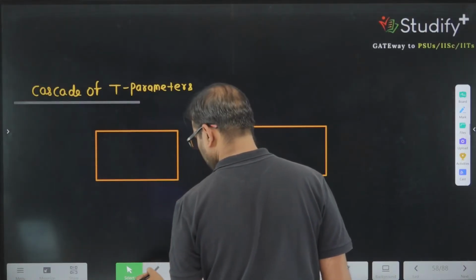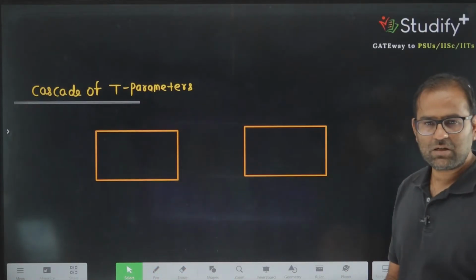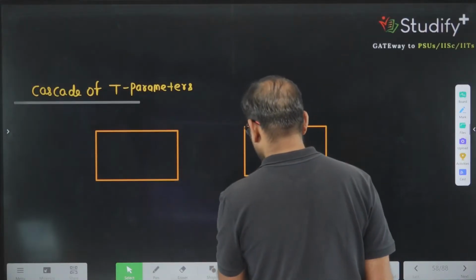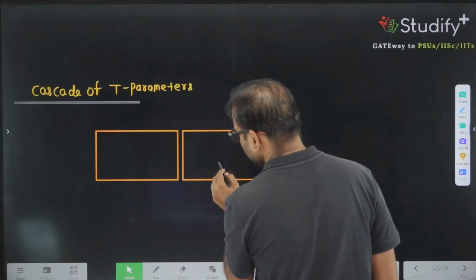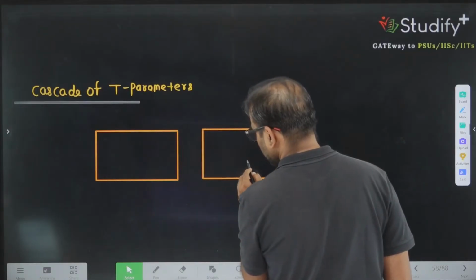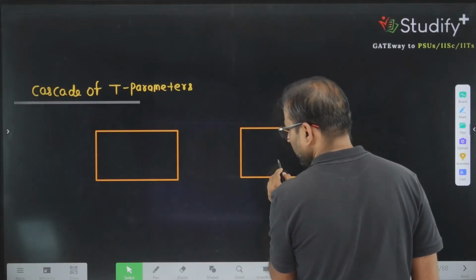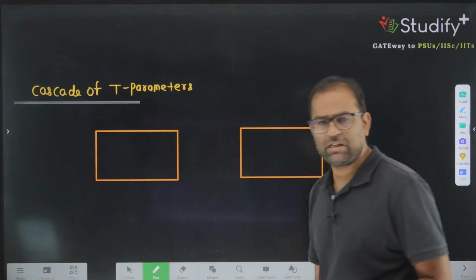We are taking two different T parameters.